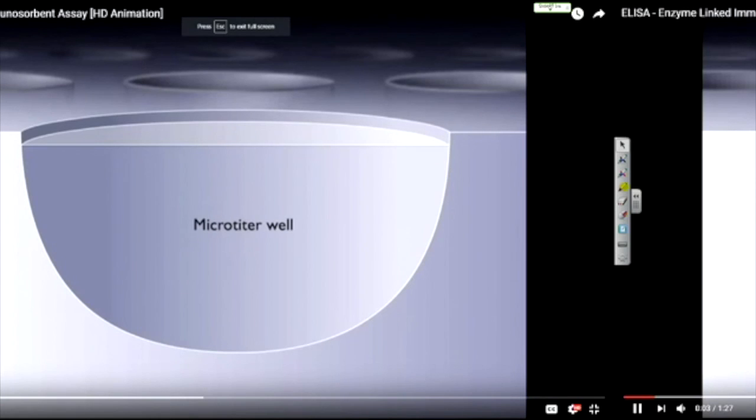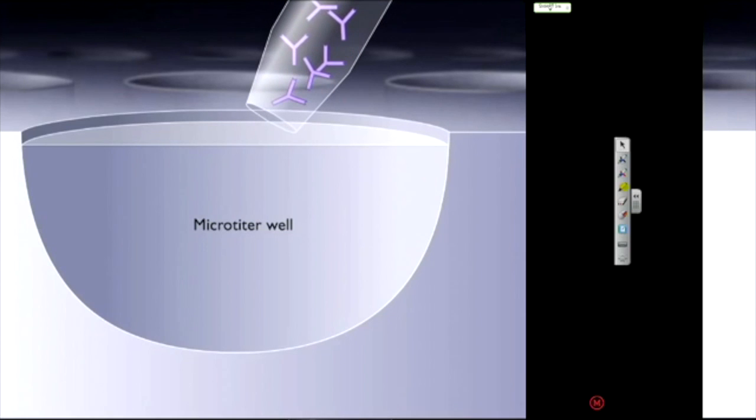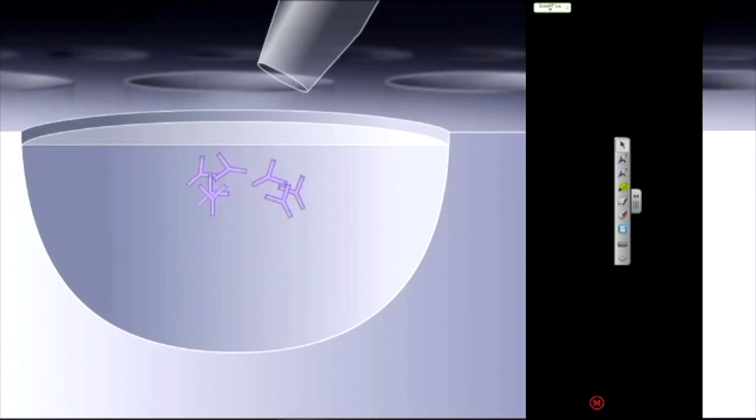The enzyme-linked immunosorbent assay, or ELISA, is an extremely sensitive test that is used to detect antibodies or specific antigens. The direct ELISA is a test for the presence of antigen. In this procedure, a known antibody is adsorbed to the inside of the well in a microtiter plate.